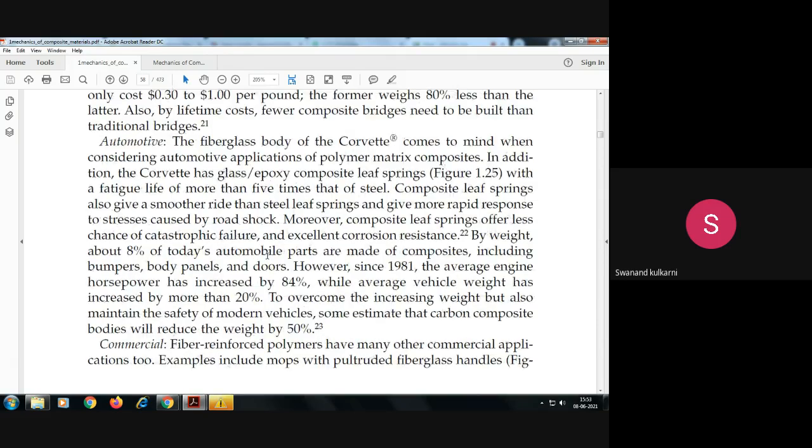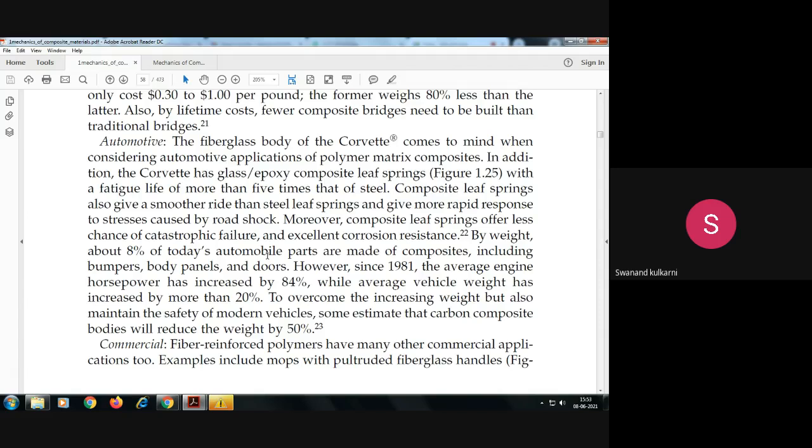So we started with aerospace, aircraft, then space shuttle, then sporting industries, medical equipment, marine applications, and now we are observing the automotive applications. As far as automotive applications are concerned, the fiberglass body. If we take the example of a bike or car, the automobile sector, there are automotive applications of polymer matrix composites.